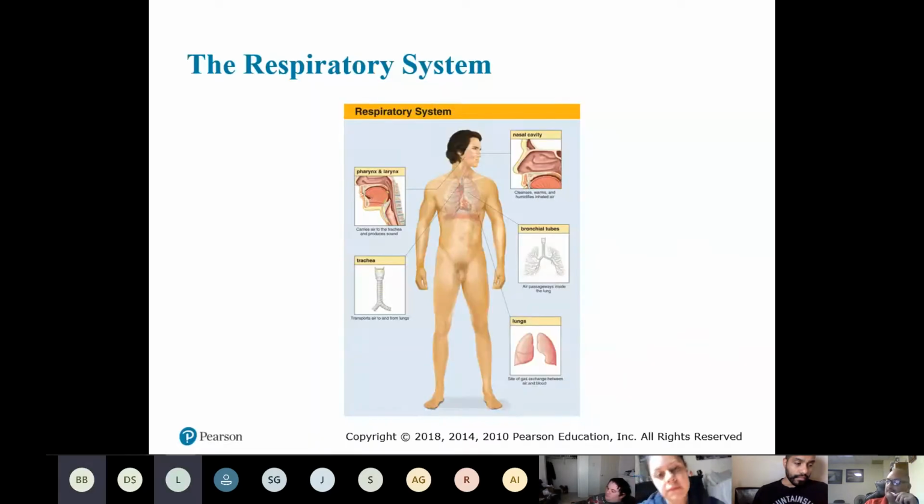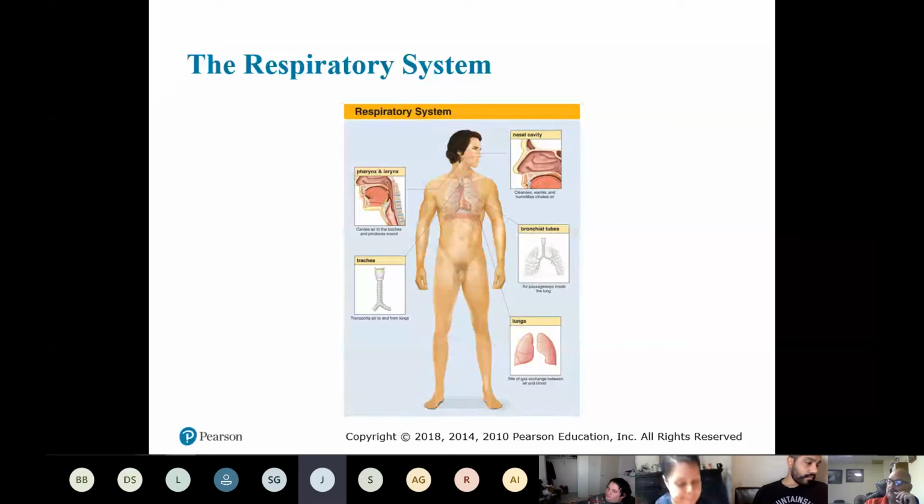What else? The pharynx. The diaphragm, bronchial tubes, the bronchioles, the nose and the mouth. Nasal epithelium. All those structures are important for breathing.